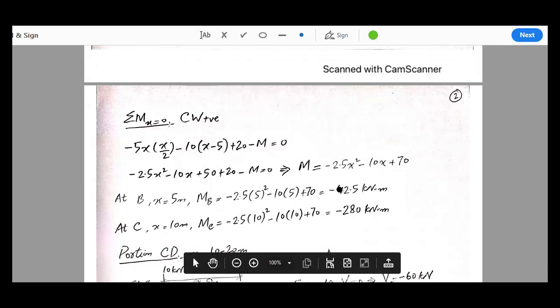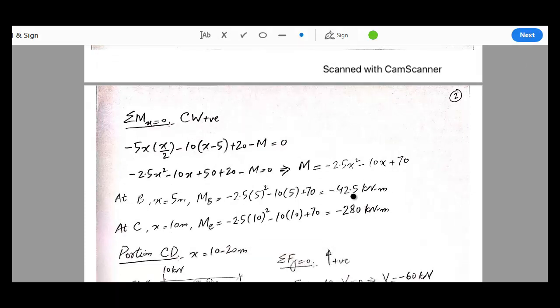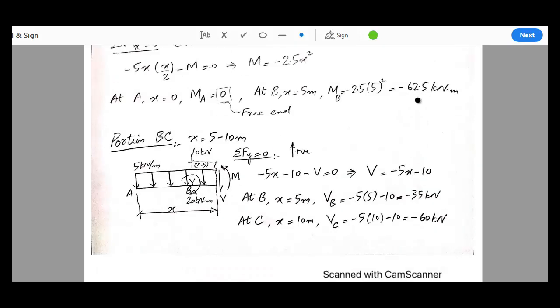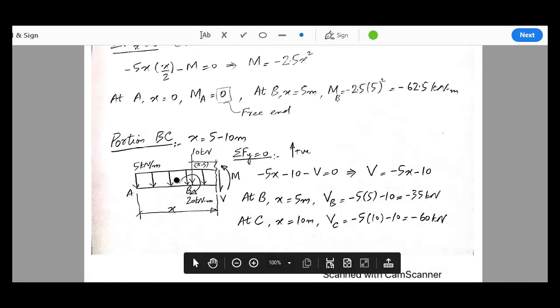So we have two different values of bending moment at point B, because there is a point moment acting at point B, and you can see that the difference between these two values, 42.5 and 62.5, is equal to the applied moment at that point, which is 20 kilonewton meter.